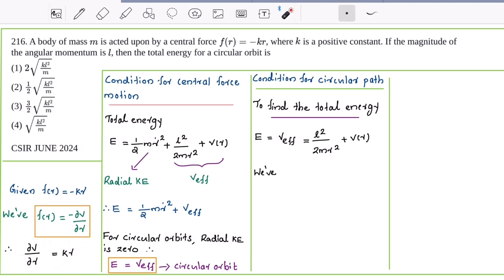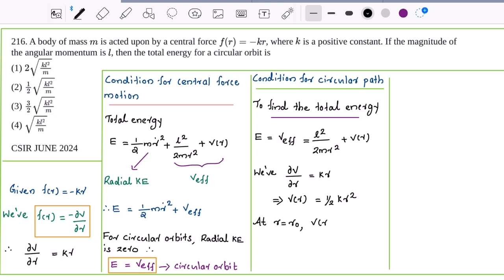We have already seen that dou V by dou r is equal to kr. Therefore, we will get V of r is equal to half kr square. Now at r is equal to r0, V of r is half k r0 square. Here we are evaluating the energy corresponding to r is equal to r0.